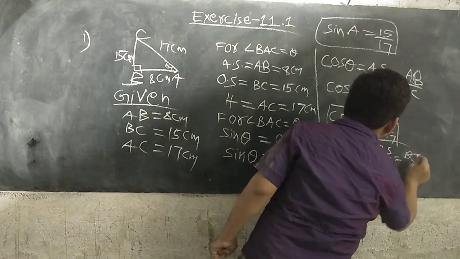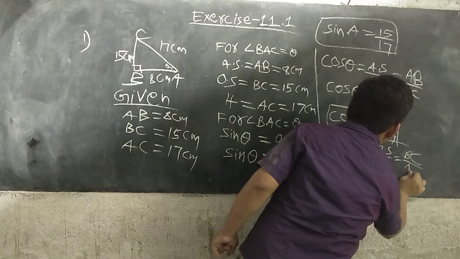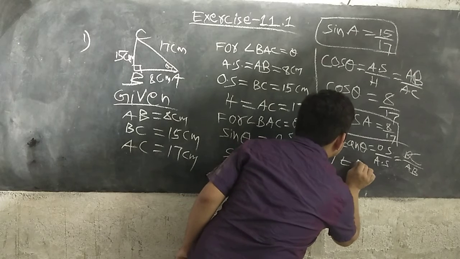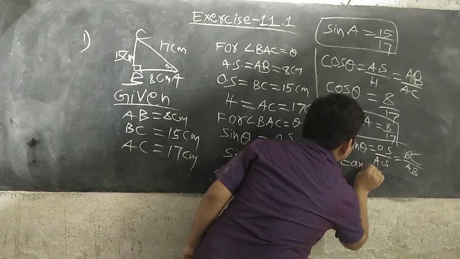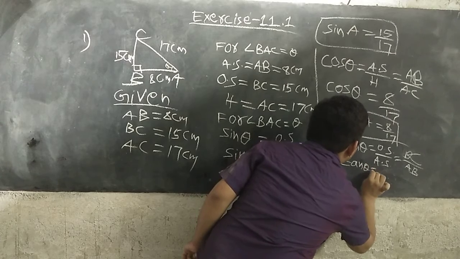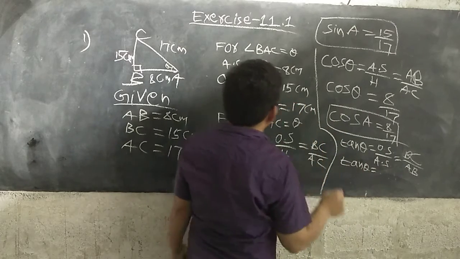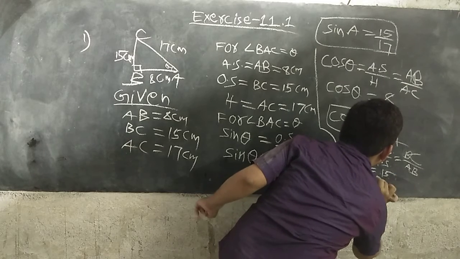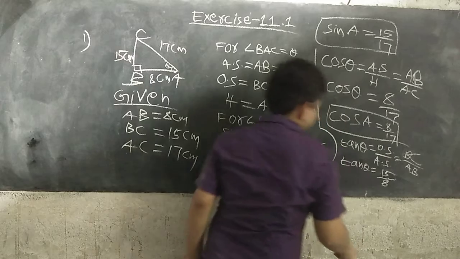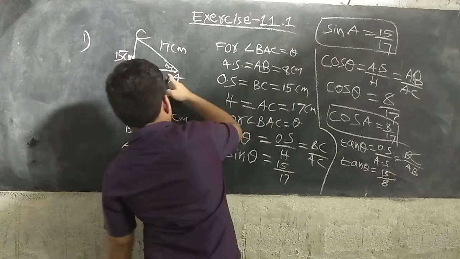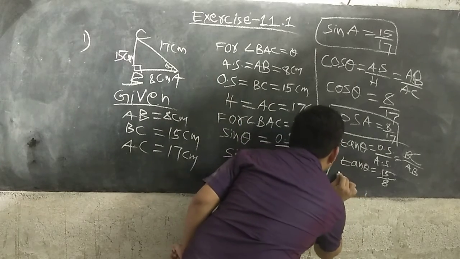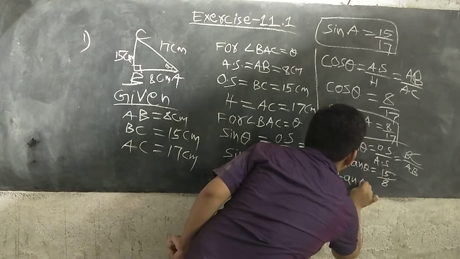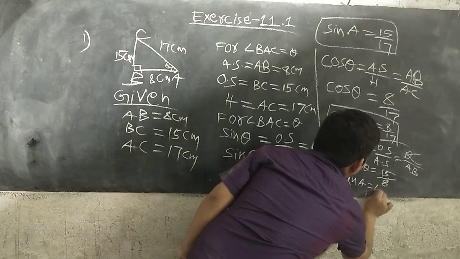BC value is 15, AB is 8, so tan theta equal to 15 by 8. Angle theta is A, so tan A equal to 15 by 8.